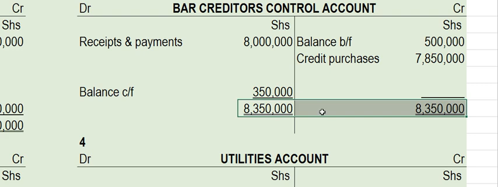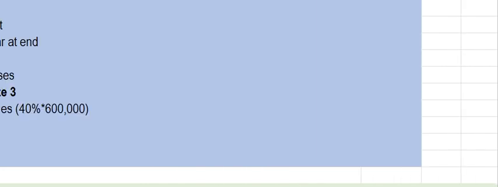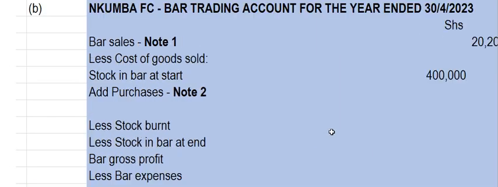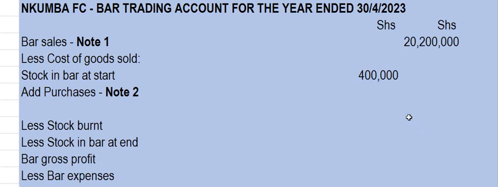The balancing figure for the credit purchases is 7,850,000. So that's what I'll take up here, 7,850,000. That is the purchases from note 2. That is the figure for the purchases.